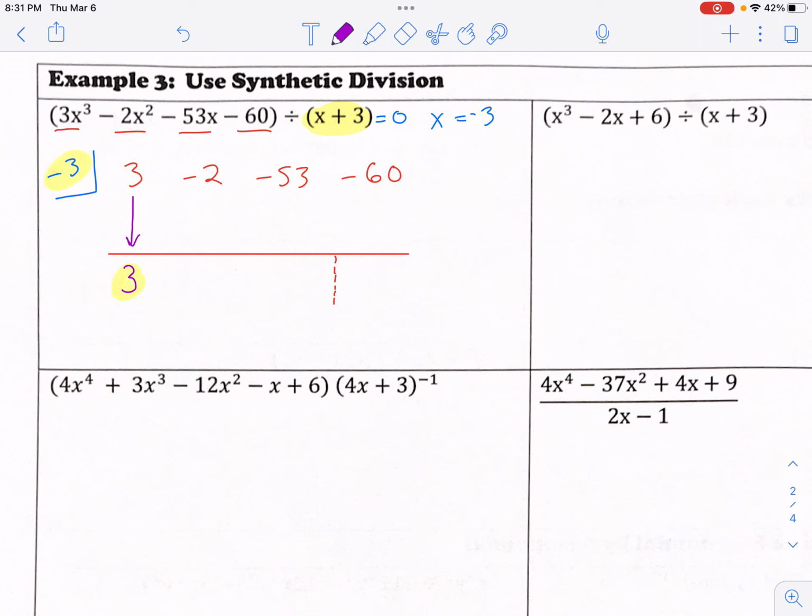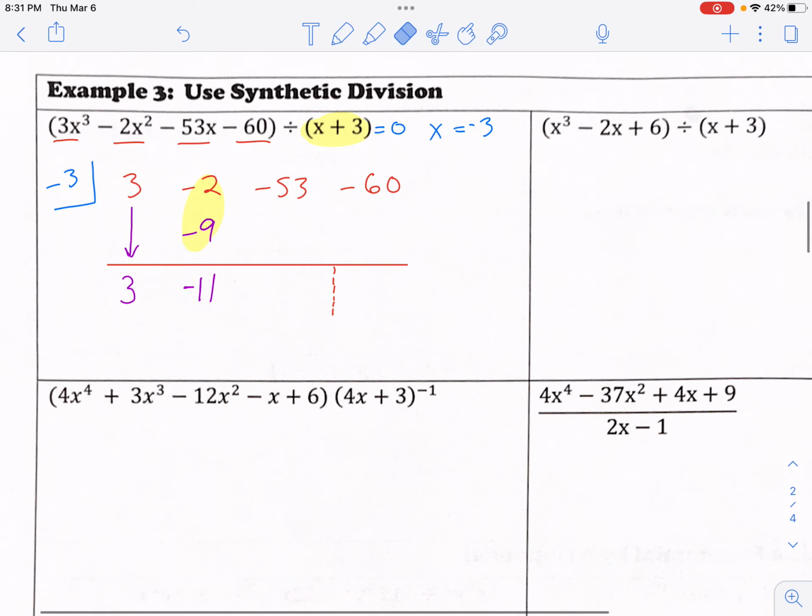I multiply those, and I'm going to get negative 9. Again, that's how I go over here. I multiply. Then to go down, we are going to add these two numbers. So negative 2 plus negative 9, that's going to be negative 11.